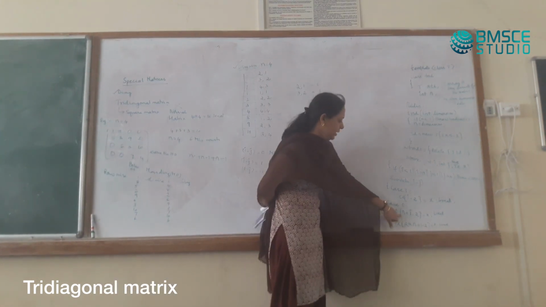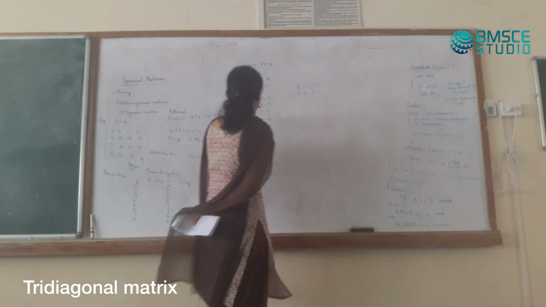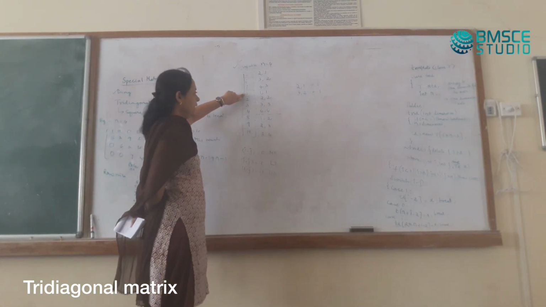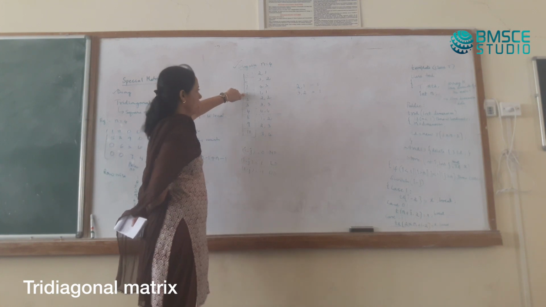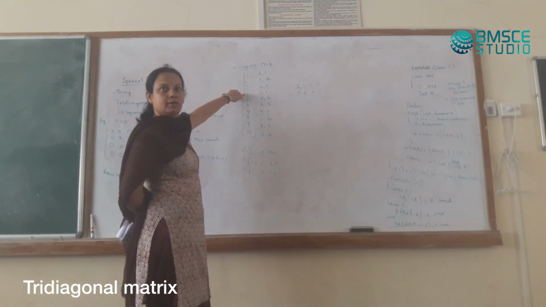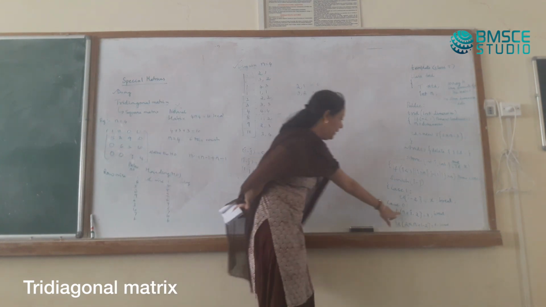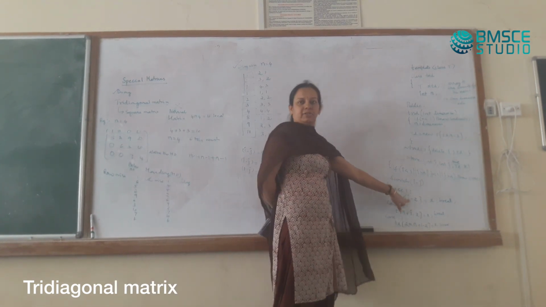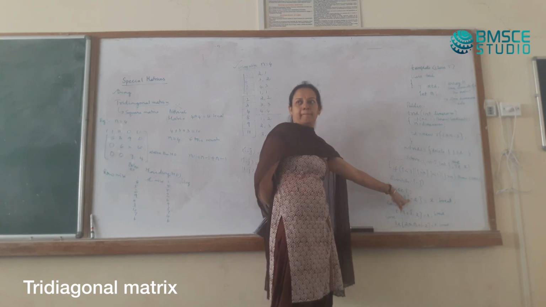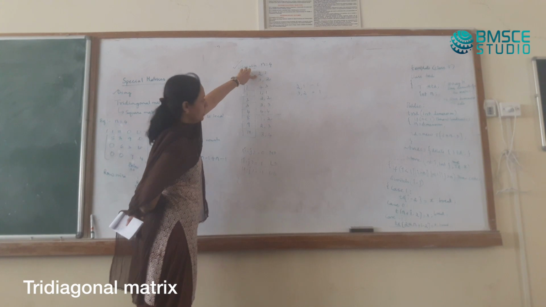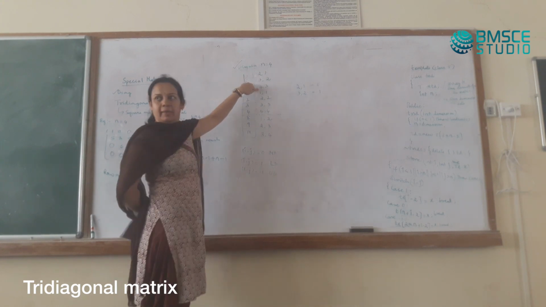So n plus I minus 2. So you take this one. What is n? 4. 4 plus 2. I think this is straightforward. Okay? So 2 minus 2, 3 minus 2, 4 minus 2.